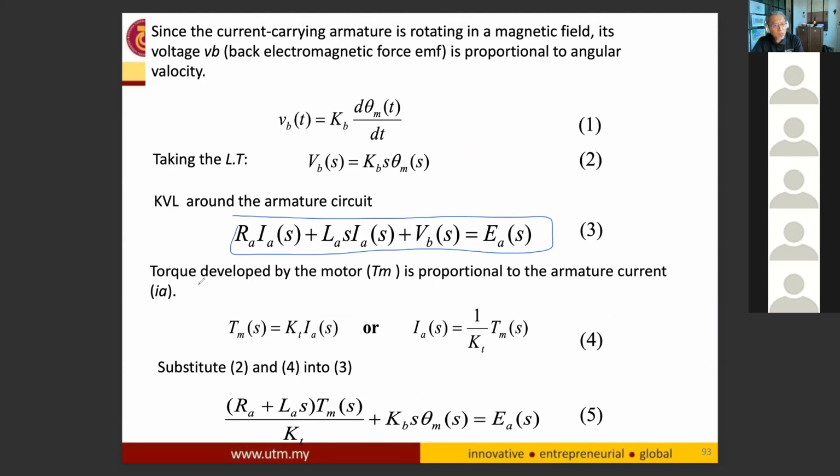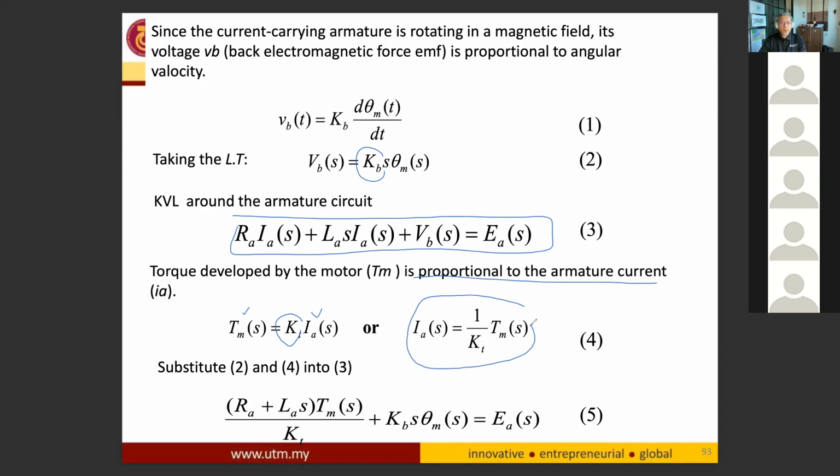We know that the torque developed by the motor, TM, is proportional to the armature current. TM and IA are proportional. Therefore, TM is equal to KT IA, where KT is a constant. This KB is also a constant. Or we can write it as IA is equal to 1 over KT multiplied by TM.